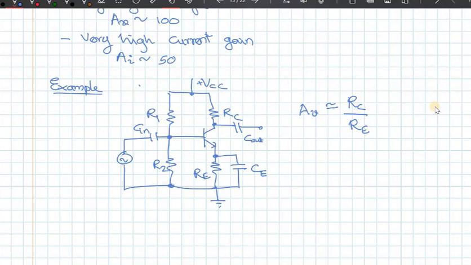During AC conditions, the capacitor CE looks like a short circuit, so there is no emitter resistance. So will my voltage gain be RC divided by 0, which is infinity?